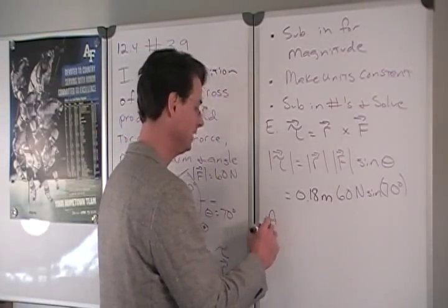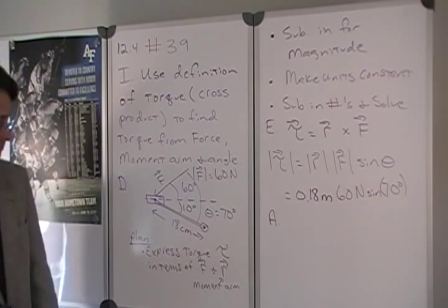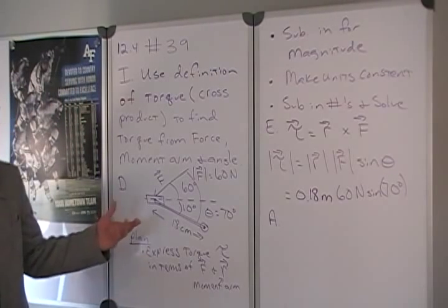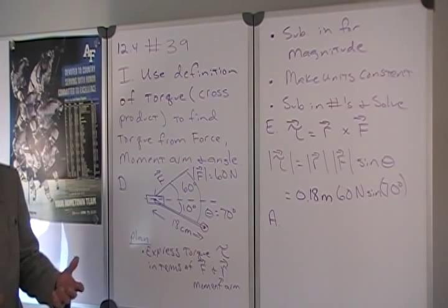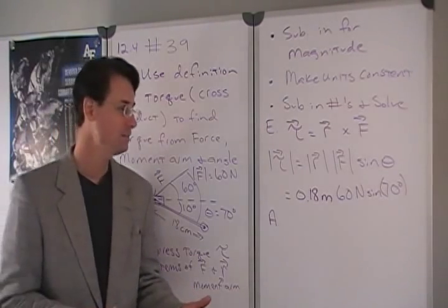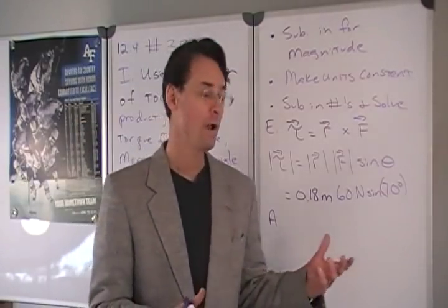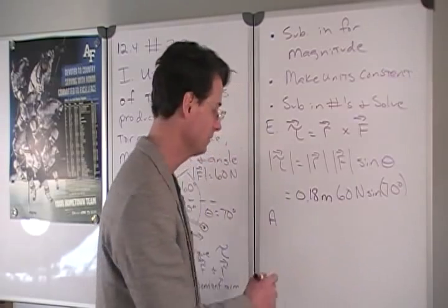And then how would we assess? How would we double check that this is the right answer, and how would we think about whether or not the answer makes sense? Well, what are the units of the answer going to be?